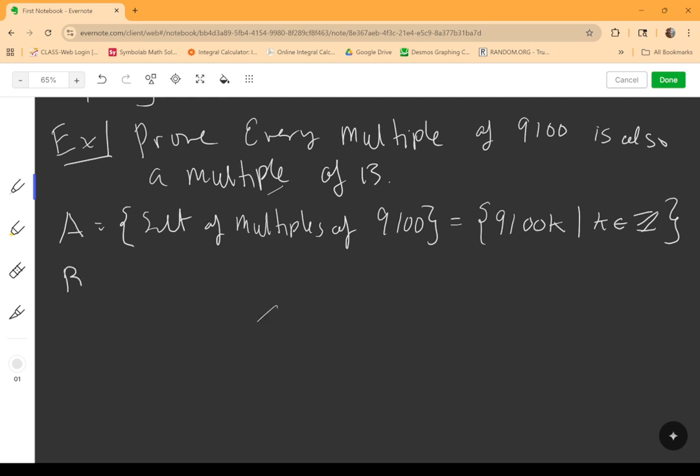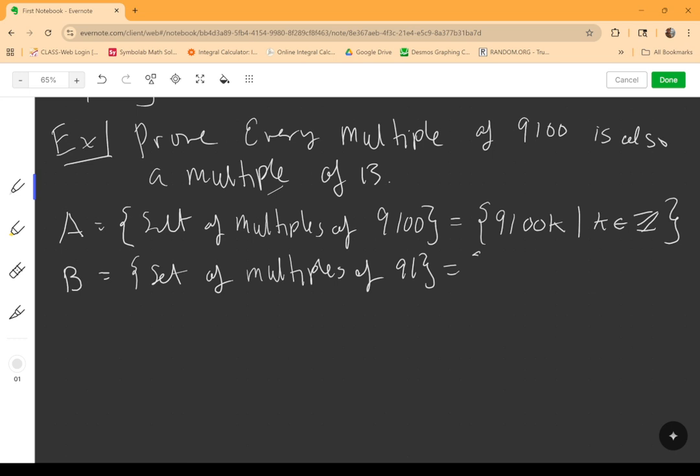So we can have B to be the set of multiples of 91.